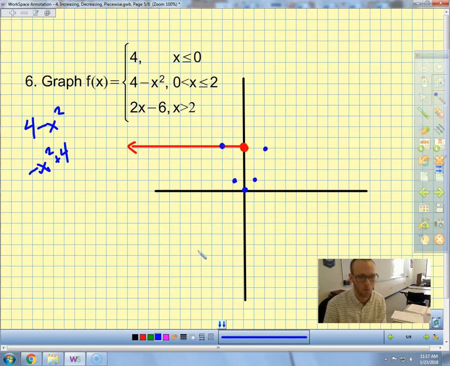So my parabola normally would have looked like this with those points. I'm going to reflect them. And then I'm going to slide them up 4. Look at that. It's at the same point there. That already was a closed dot. It's going to remain a closed dot. Move this one up 4.